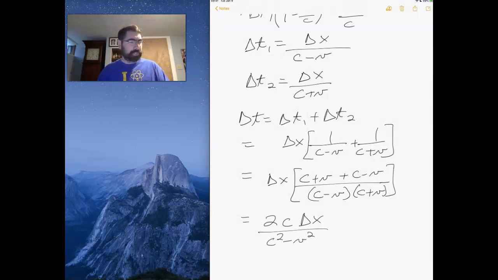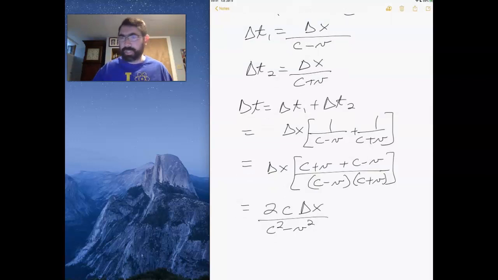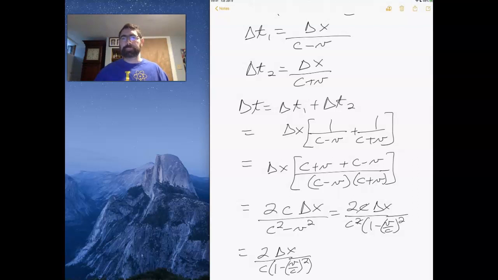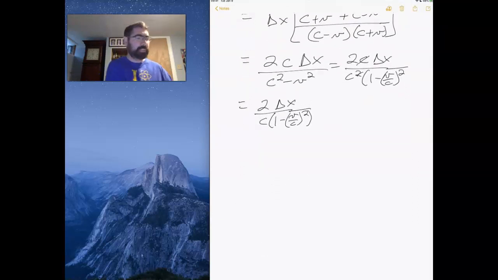If I now factor out c squared from the denominator, we get 2c delta x over c squared times 1 minus v over c quantity squared. So that's pretty good. We're getting something close to a gamma. I can cancel one of the c's, and what I get is 2 delta x over c times 1 minus v over c quantity squared.